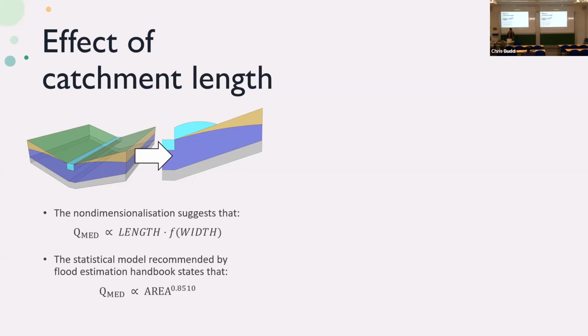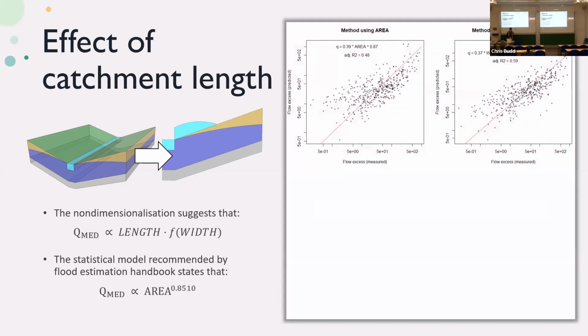Just to show you the potential of such analysis, I tried to compare two statistical models. One in which I'm taking only area as an independent parameter, and the second model in which I take the width of the catchment and the length of the catchment separately as two potential independent parameters.